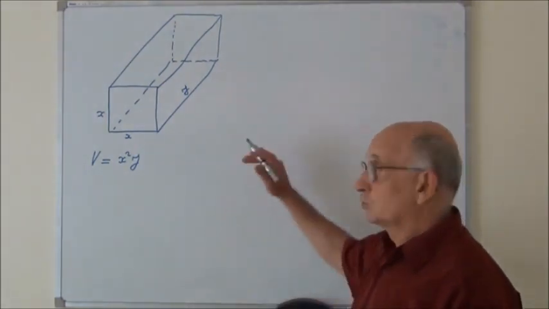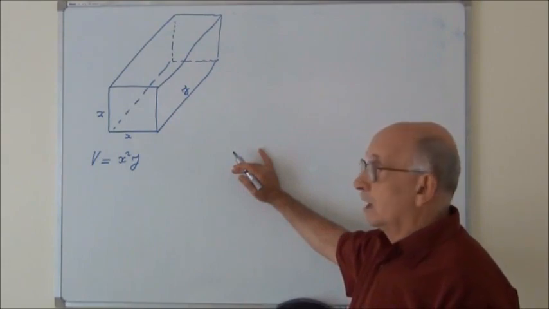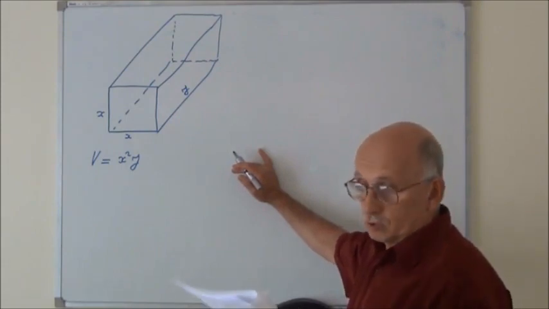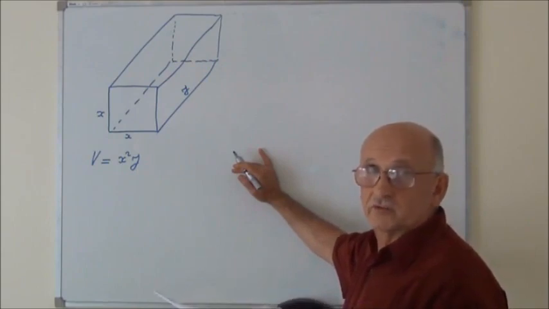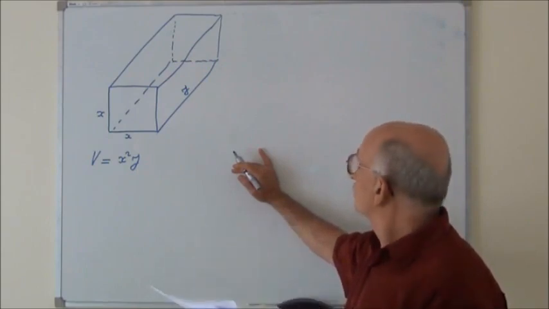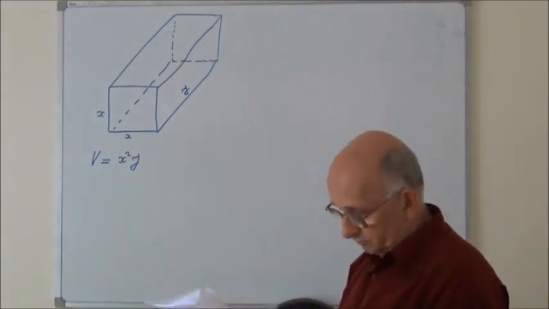Okay, how to set another equation? We said we have to go back to the question to see what else information we have, and use that information to set that equation.